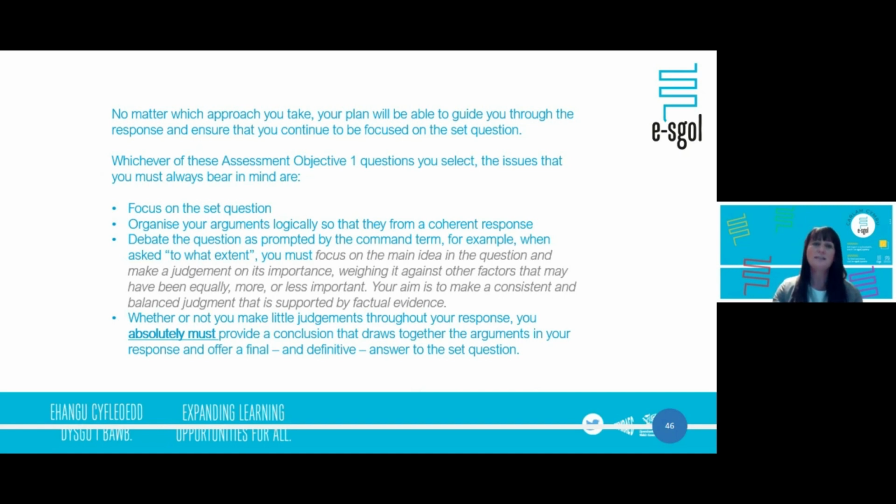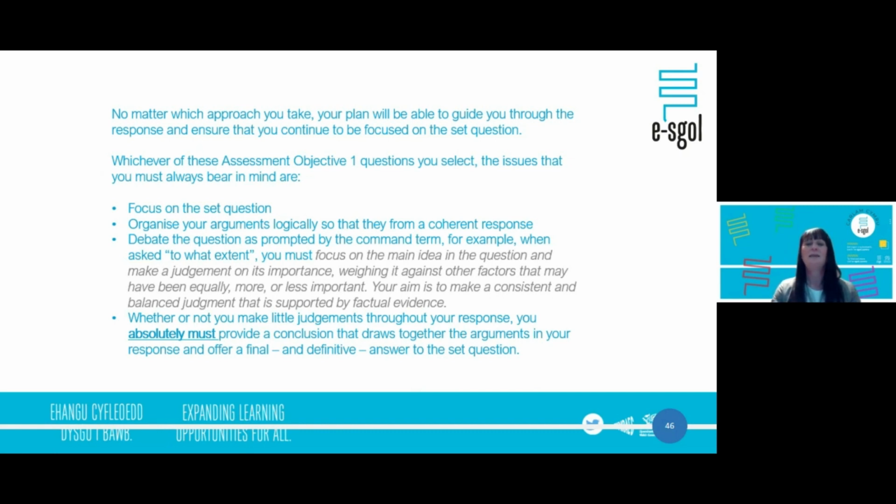So whichever of these assessment objective 1 questions you select to do, the issues that you must always bear in mind are: you focus on the set question, and this has come from the WJEC now, okay? You organise your arguments logically so that they form a coherent response. You debate the question as prompted by the command term. So, for example, when asked to what extent, you must focus on the main idea in the question and make a judgment on its importance, and you must weigh it up against other factors that may have been equally more or less important, and remember to give that judgment.